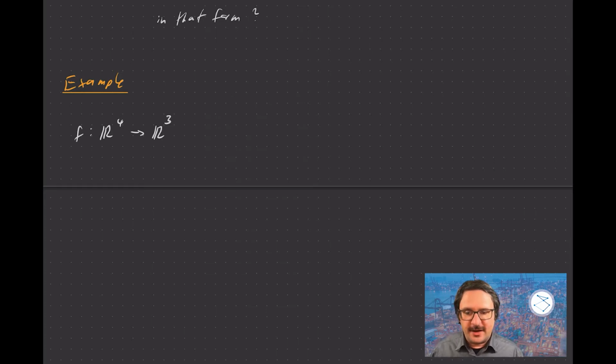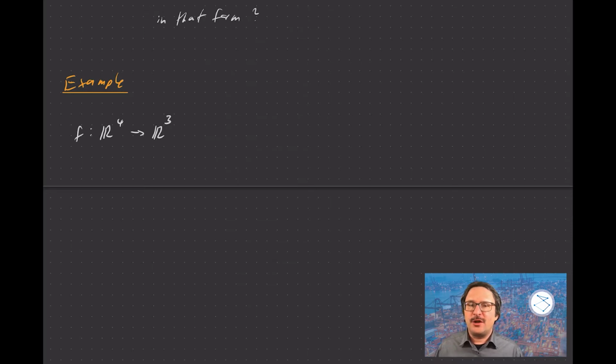As an example, we'll have a look at a mapping that is defined on the domain R to the fourth, and the codomain, let's say, R to the third. Of course, we can't define that mapping using a matrix. That would defeat the purpose. But we will define it by defining the images of a basis.